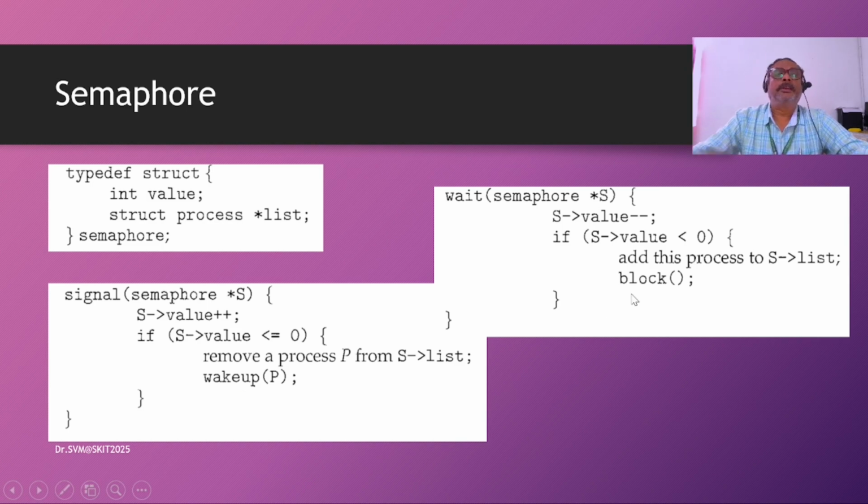So don't keep waiting. Anytime a process doesn't get a resource, keep that in the block list. When that resource becomes free, the blocked process is woken and given the resource to continue.